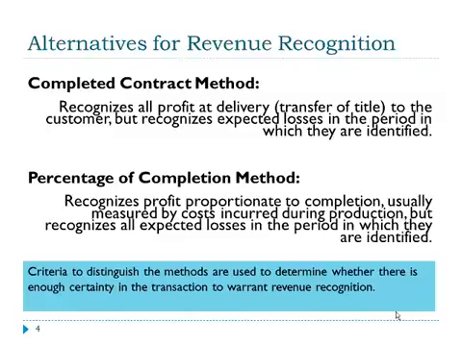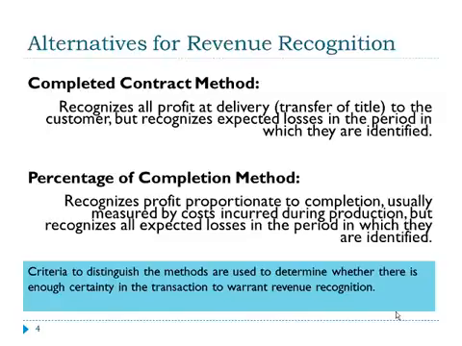The second method is percentage of completion method. In percentage of completion method, one recognizes profit proportionate to completion, usually measured by costs incurred during production, but recognizes all expected losses in the period in which they are identified.